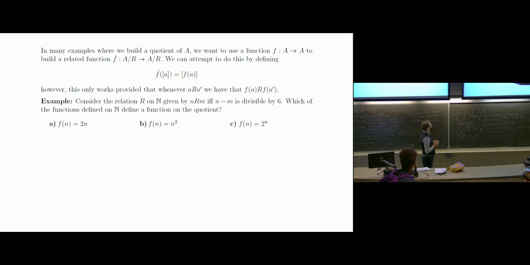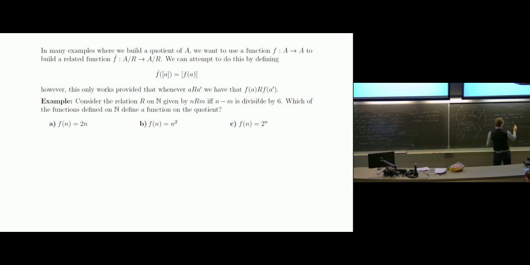Okay, so the key idea here is that if two things up here are in the same piece down here, then their value under f had better be the same. So if a and a prime are in the same thing down here, then the value of this mystery function on that piece has to be the same. Okay, so the answer is when basically things that are related get mapped to the same thing by f.